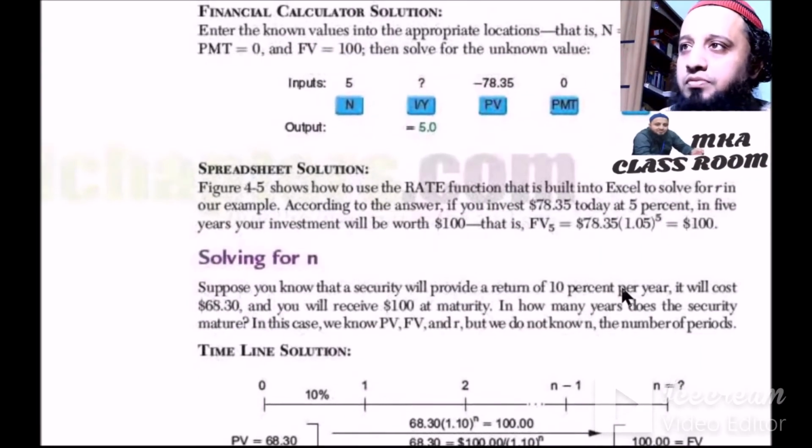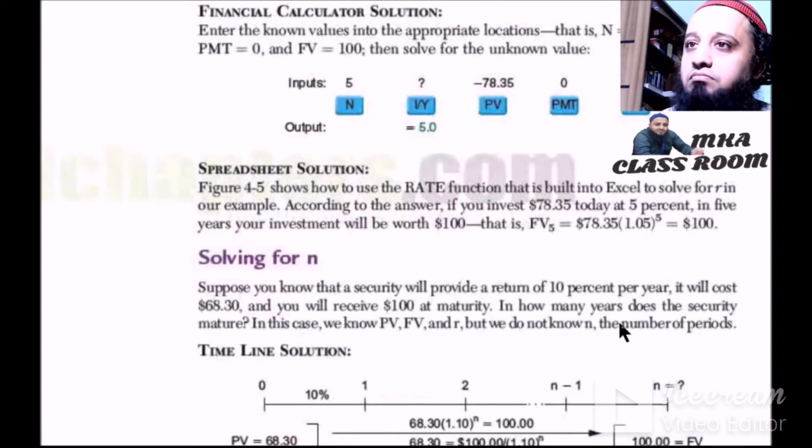Now solving for n. Suppose you know that a security will provide a return of 10% per year. It will cost 68.30 and you will receive 100 at maturity. In how many years will the security mature?